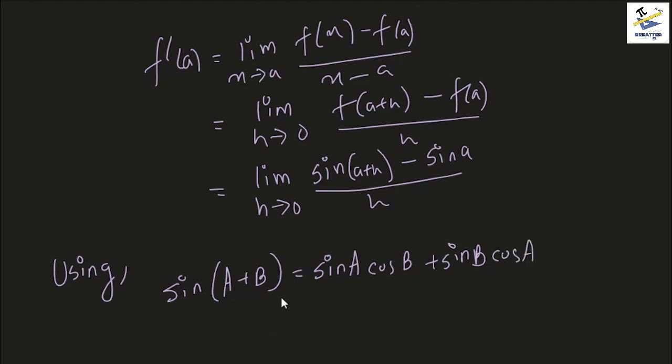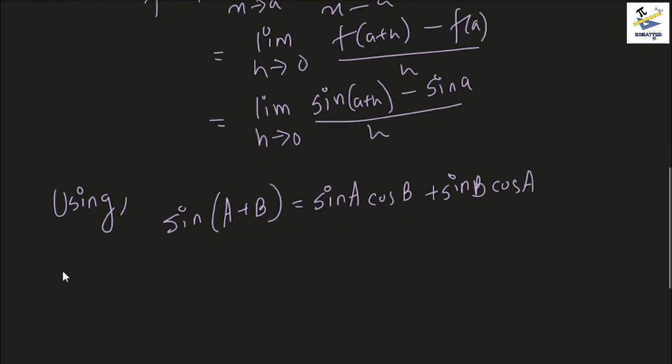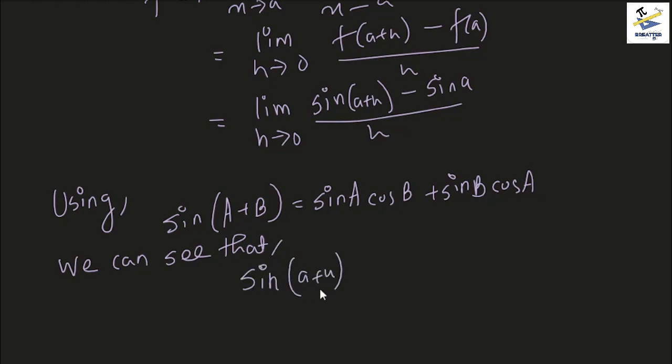So this is the formula, right? So using this formula, we can see that sine of a plus h similarly would be sine a cos h plus sine h cos a.